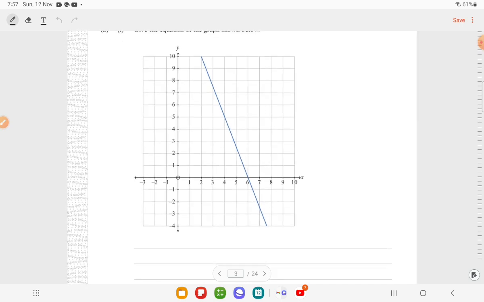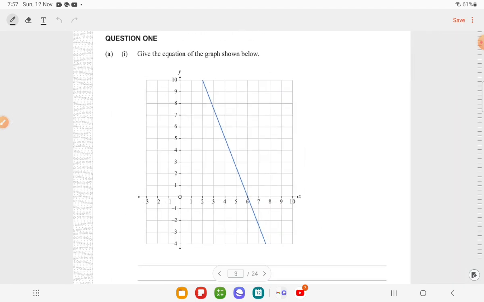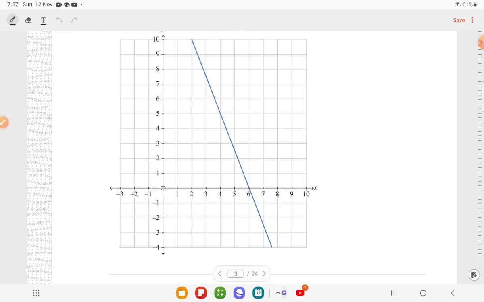So basically, let me get my notes. We can observe that this is a linear line of y equals mx plus c.